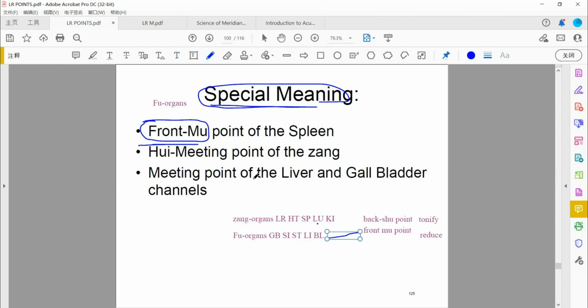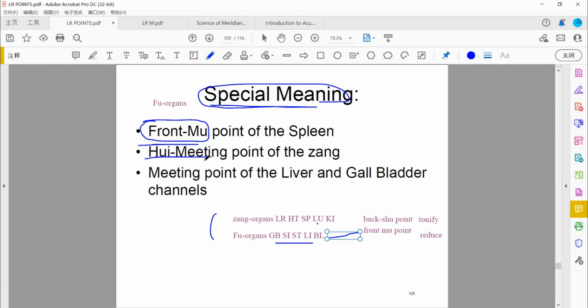Okay. Spleen usually will not reduce, the He-Sea point of spleen, but generally, right? You still can use the Back-Shu point for the fu organs. You still can use He-Sea points for the zang organs, right? And the Hui-Meeting points of the zang organs.